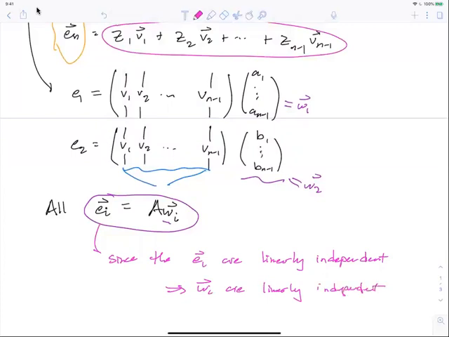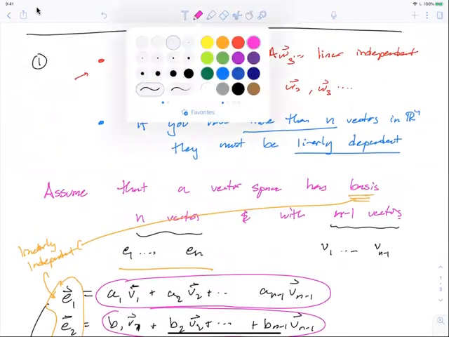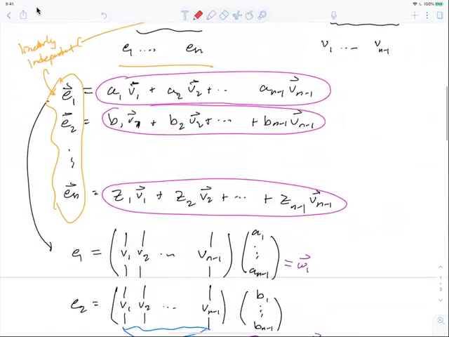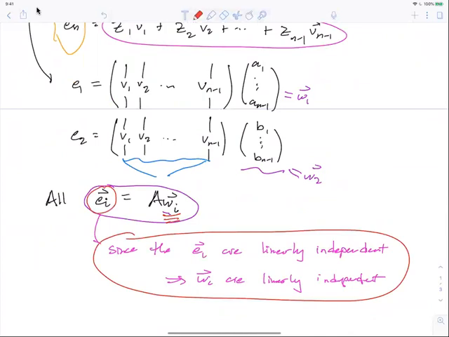All right, now we're gonna have this big but. So we used fact 1. This is fact 1 right here. You applied fact 1 that since the E_i's are an output, you get this. We can conclude that all these W's on the right are going to be linearly independent.